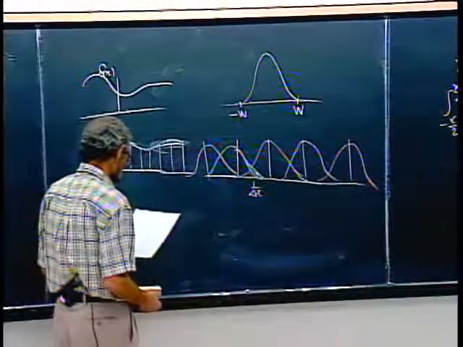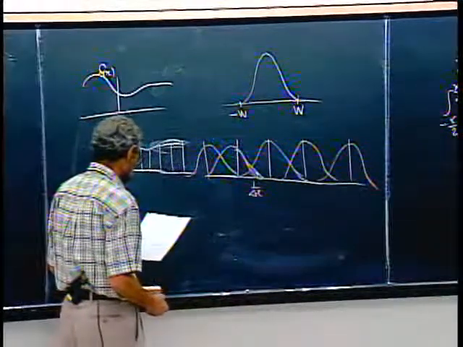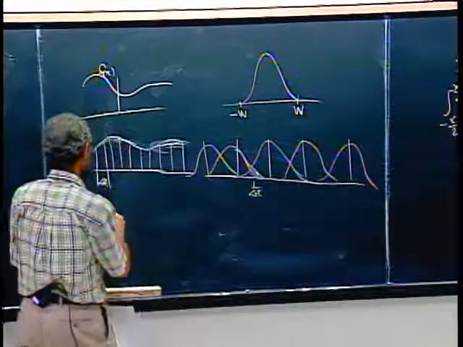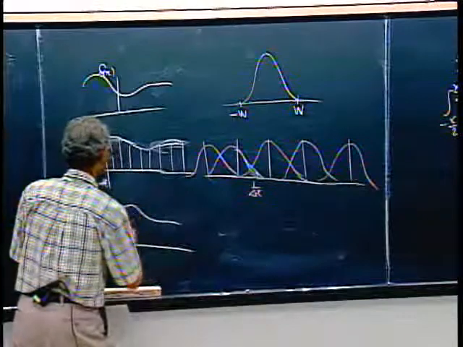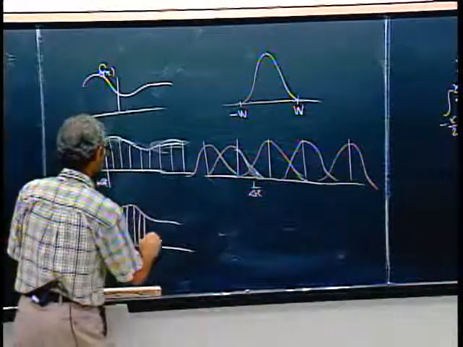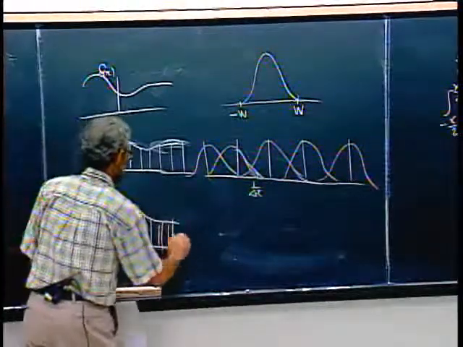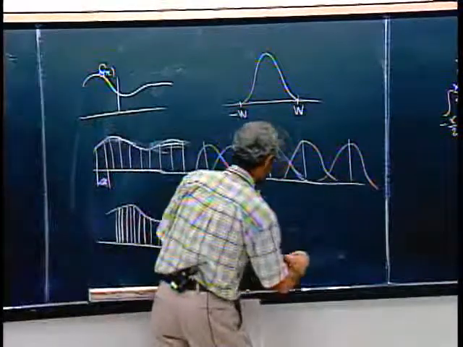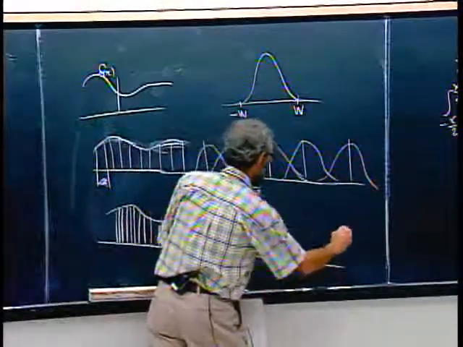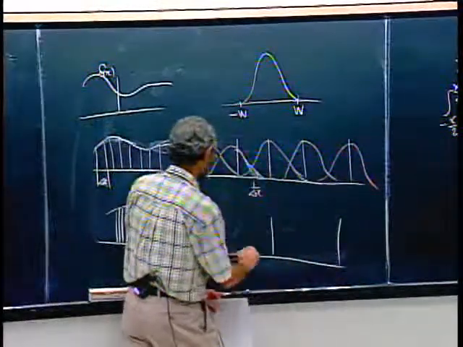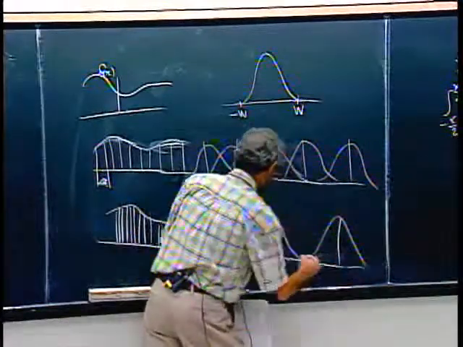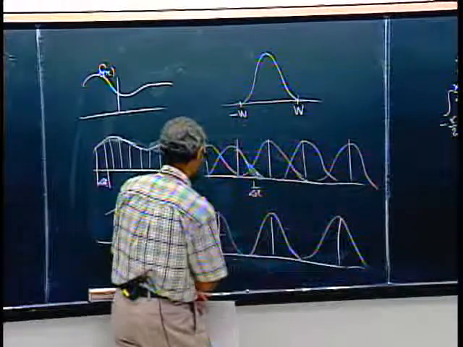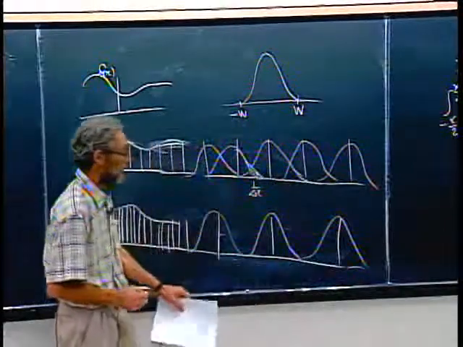And one thing we could do is sample more finely. So here's my function f of x. And if I sample it more finely, then these spaces will be farther apart, and there'll be room for these things not to overlap.